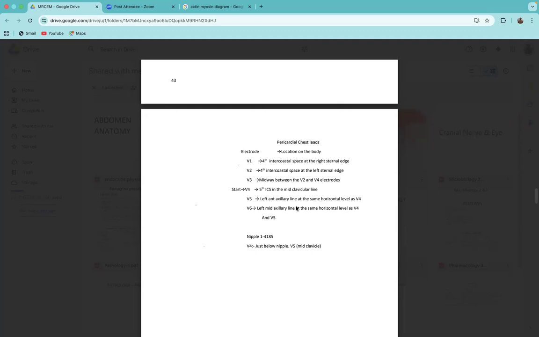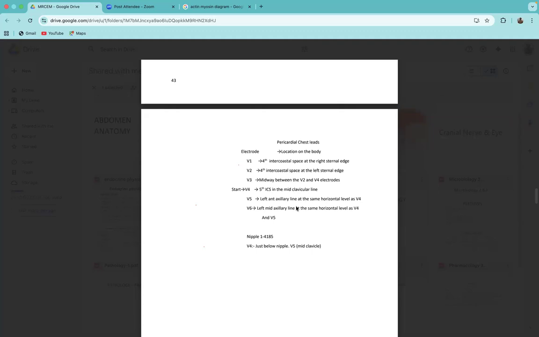Okay, V3 we place midway between V2 and V4. We placed V2 at the left sternal edge in the fourth intercostal space, and between V2 and V4 we will place V3. Now we'll have to know where we place V4. We'll place V4 in the fifth intercostal space in the mid clavicular line.